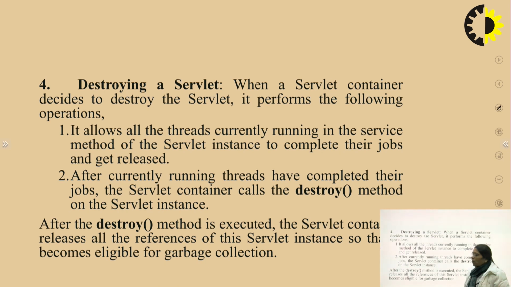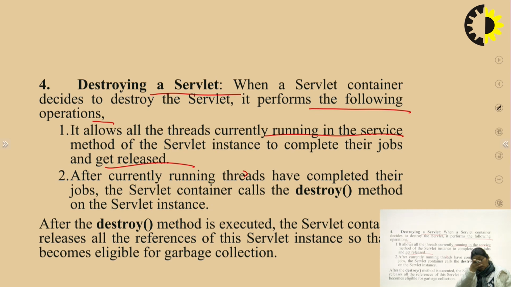Once all the requests have been executed through the service method, then finally we will destroy the servlet. When the servlet container decides to destroy the servlet, it performs the following operations. Number one, it allows all the threads currently running in the service method of the servlet instance to complete their jobs and get released.